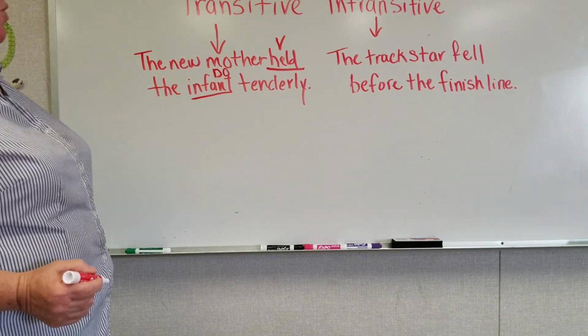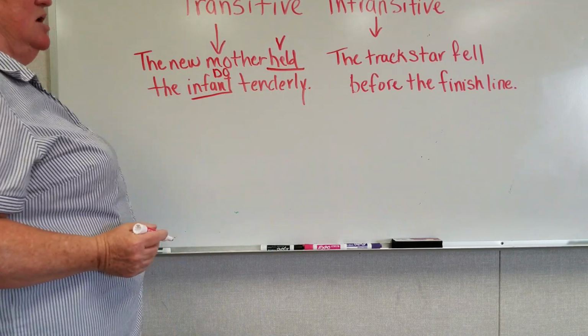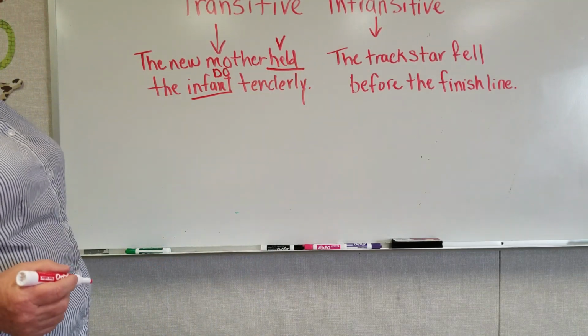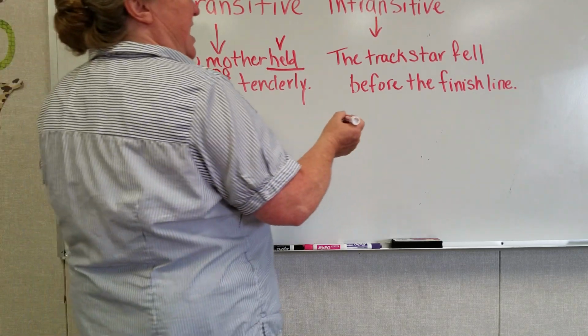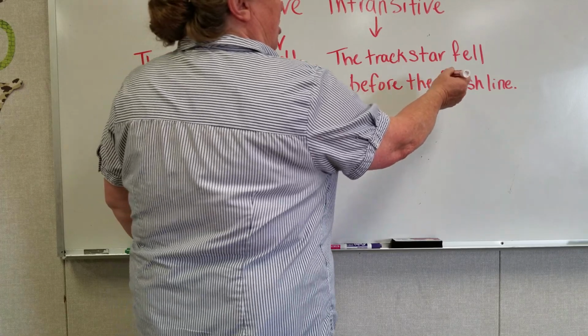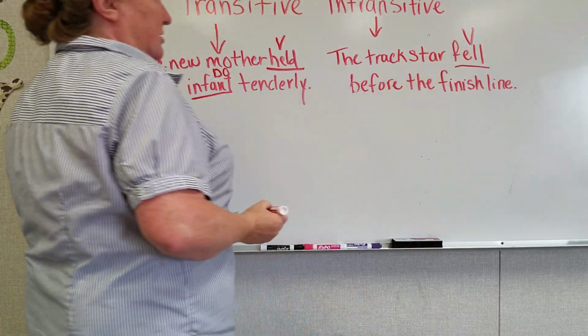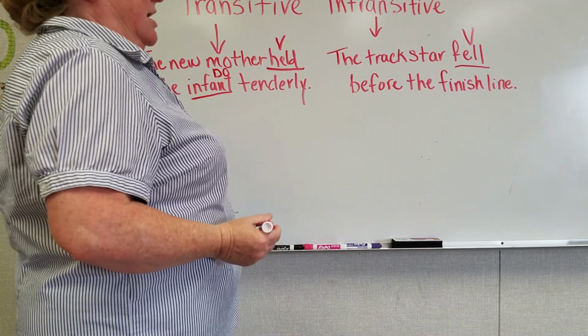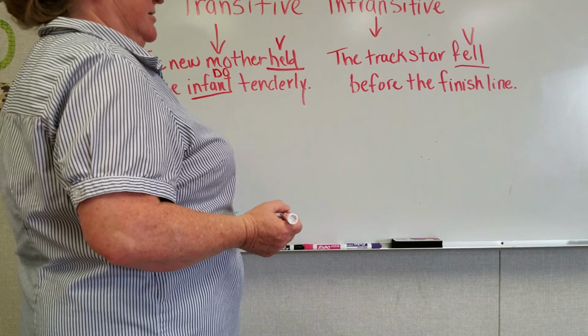All right, so the next example we have here is a sentence with a verb that is intransitive, or doesn't transfer the action. So we have the star. What did the star do? The star fell. This is our verb. Is there anything that receives the action of fell?